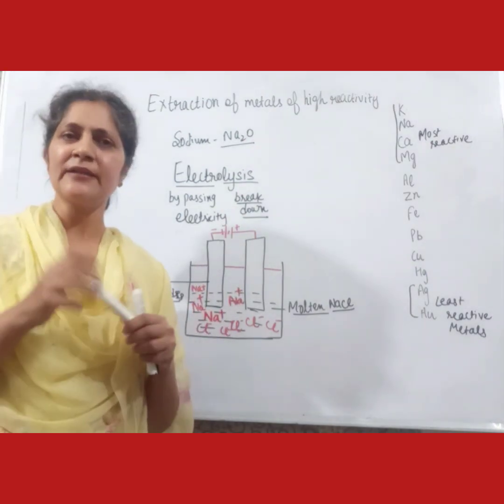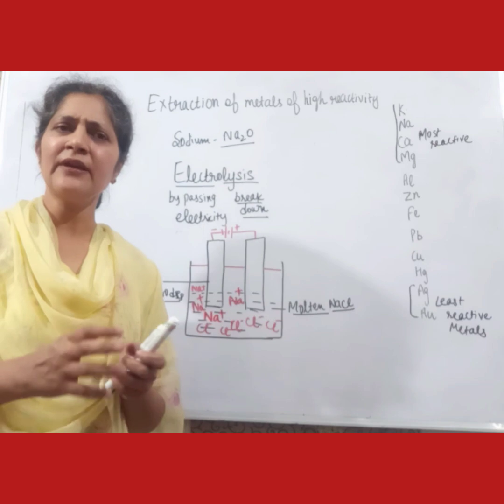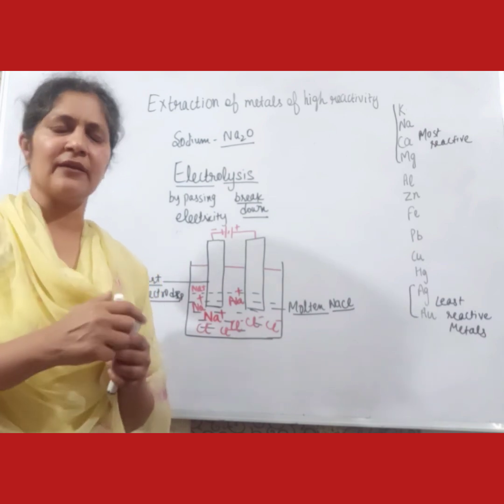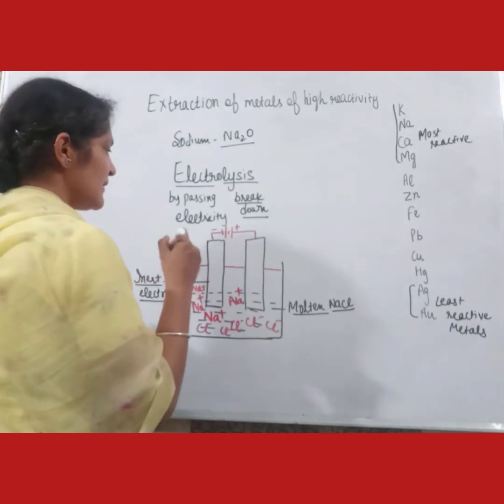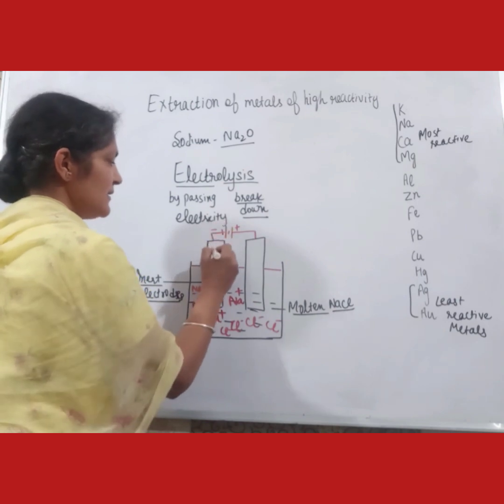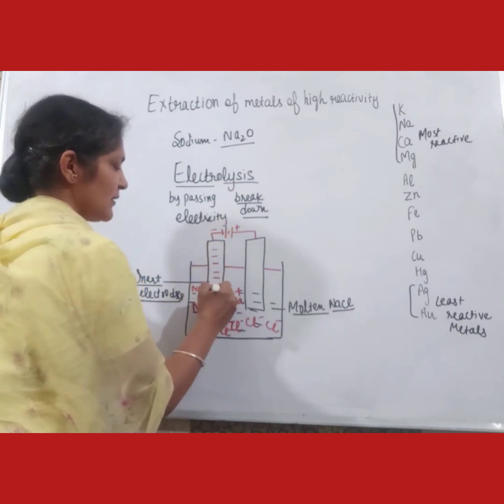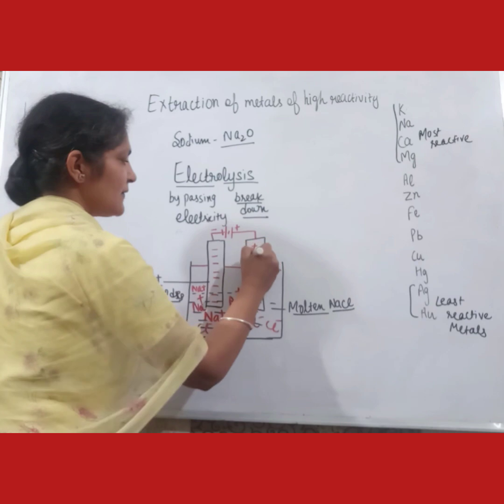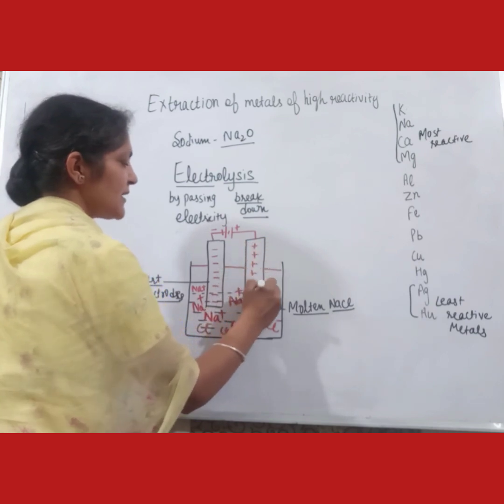When we connect it with the battery, the electric current will start flowing. Now what will happen? There are a lot of negative charges and a lot of positive charges.